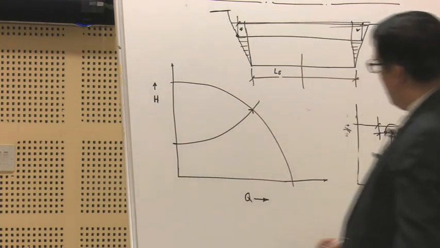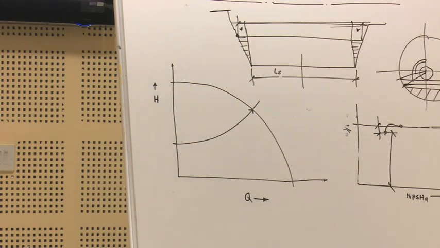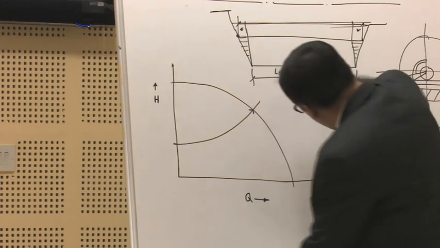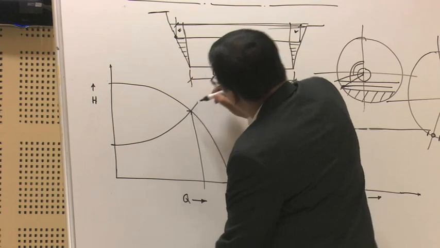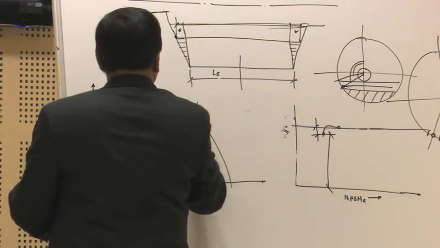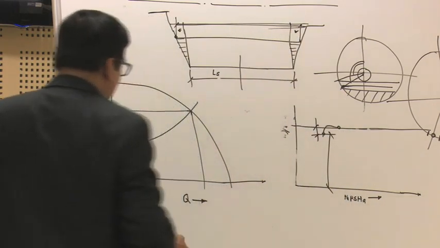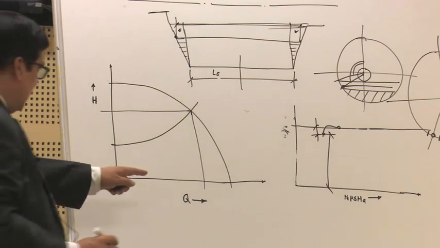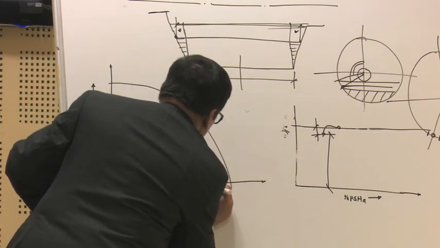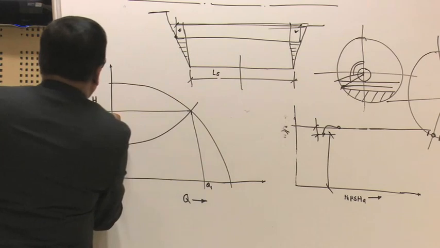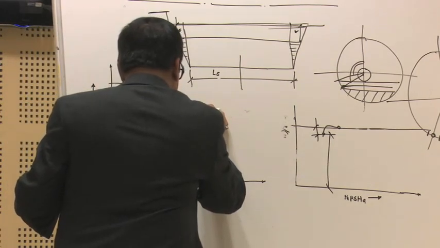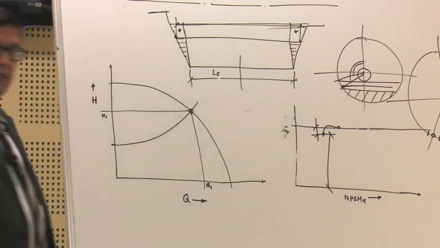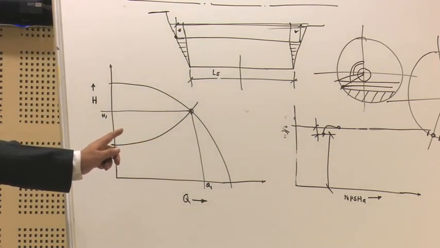Let us say this is the duty point, that is, you have specified a certain flow rate, let us say Q1 and H1, and this is the design duty point.